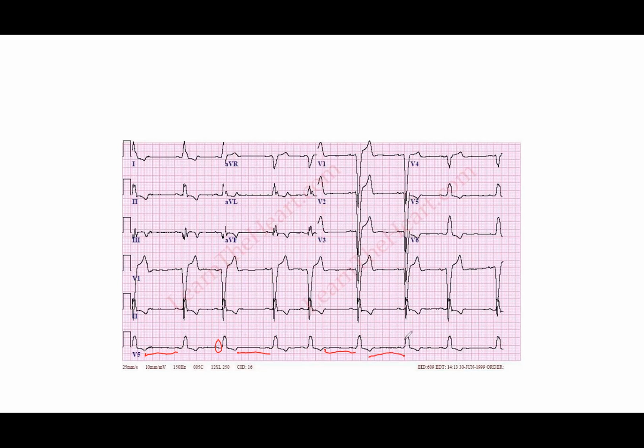But then you get a T to P segment that's like that long, and then that long, and then like that long, right? So you have these T to P segments that are a little bit shorter in some of these beats. So what you're seeing here is a premature atrial contraction, right? And it's throwing off the regularity of this whole rhythm.